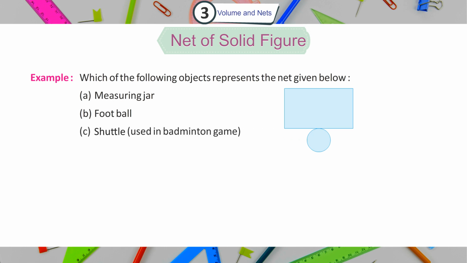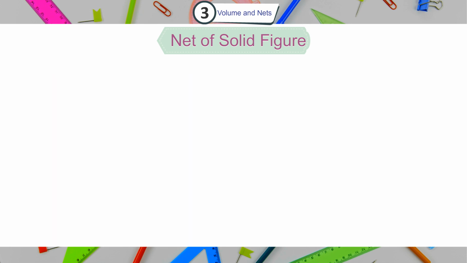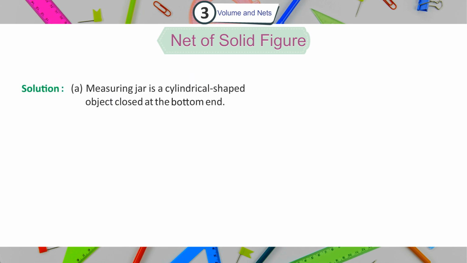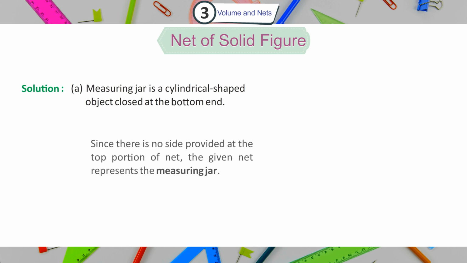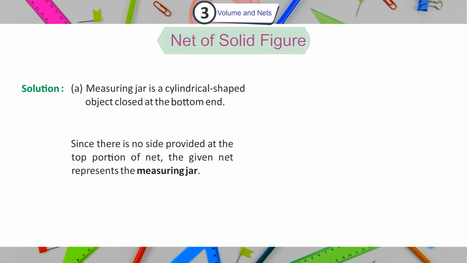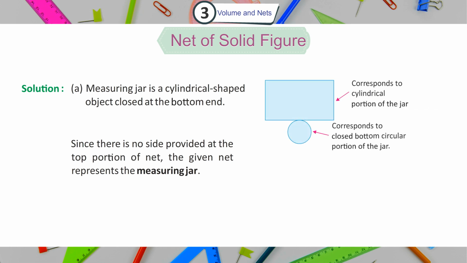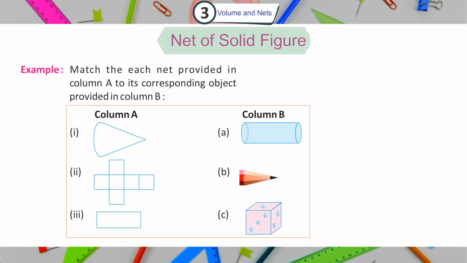C. Shuttle used in badminton game. D. Book. Solution: A. Measuring jar is a cylindrical shaped object closed at the bottom end. Since there is no side provided at the top portion of the net, the given net represents the measuring jar. This corresponds to the cylindrical portion of the jar. This corresponds to the closed bottom circular portion of the jar.